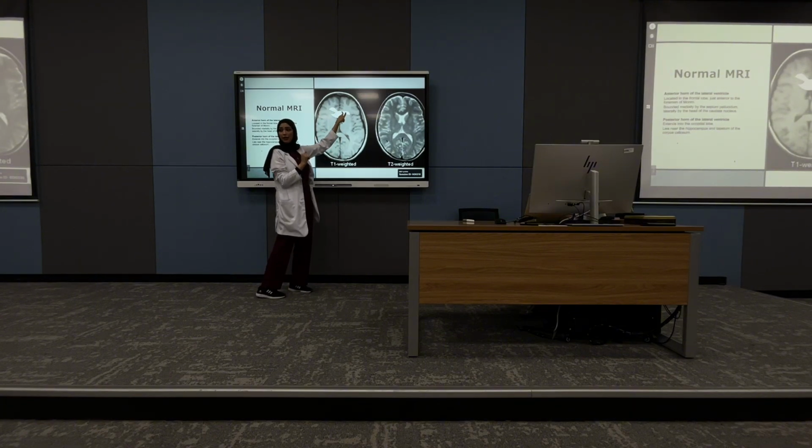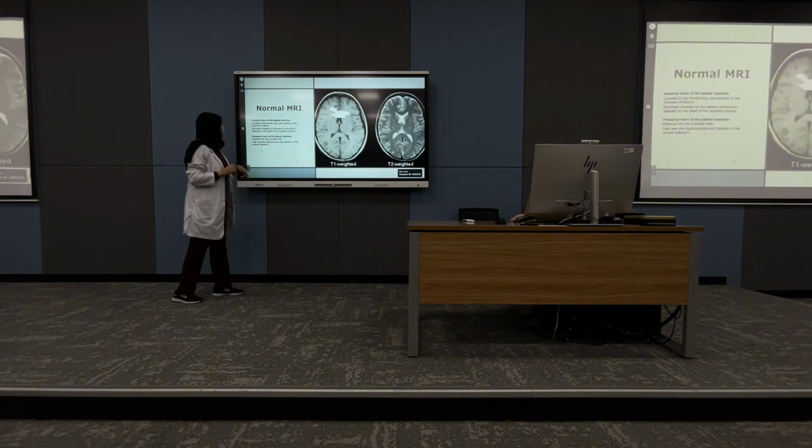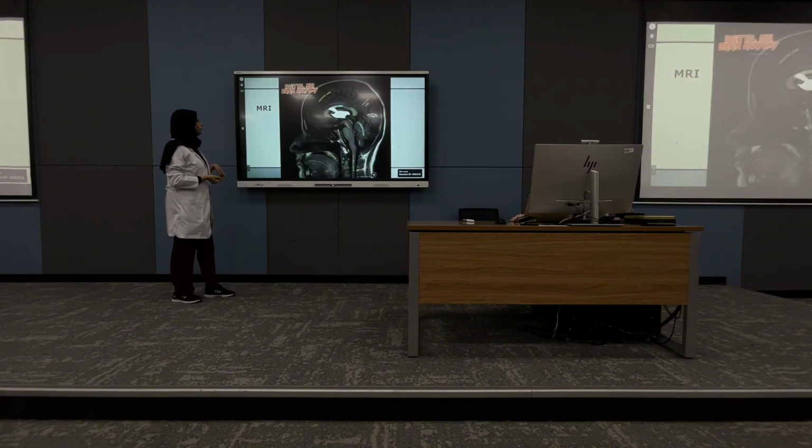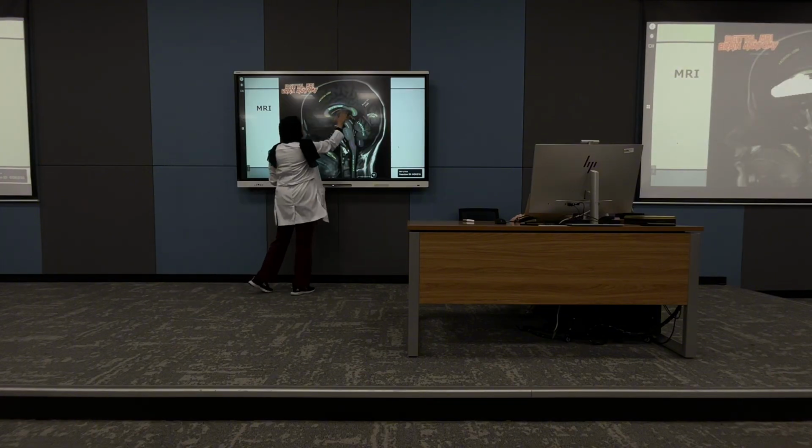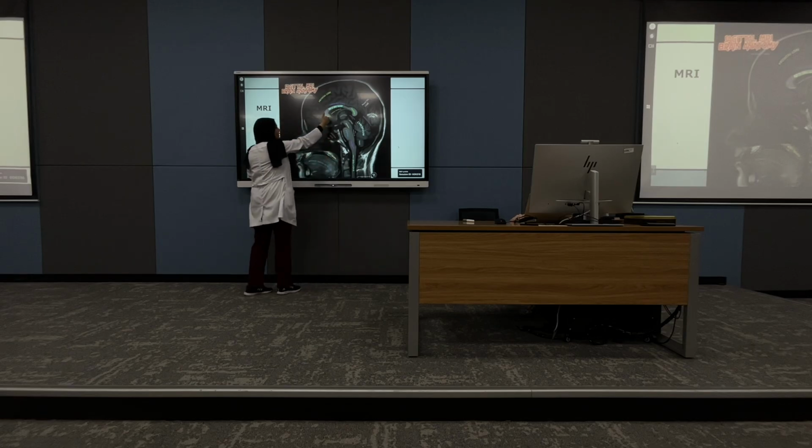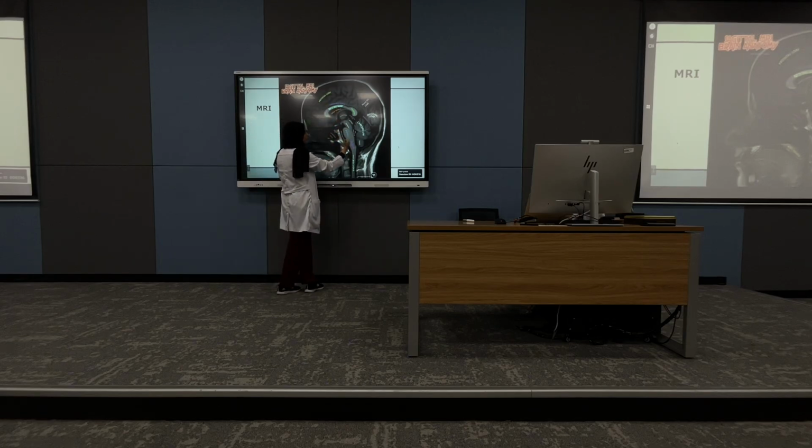So laterally, it's surrounded by the caudate nucleus, and the septum pellucidum is the one in the middle. Okay. As I said, lateral ventricle, body of the corpus callosum. You can see the pontine cistern here, fourth ventricle, the quadrigeminal cistern. Cisterna magna is also visible.